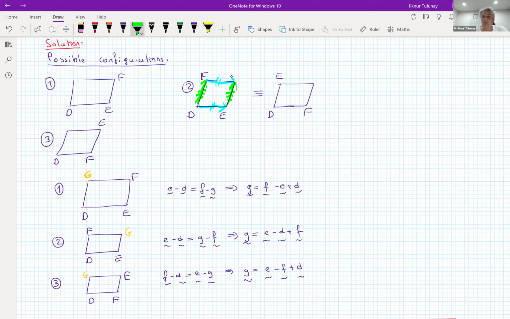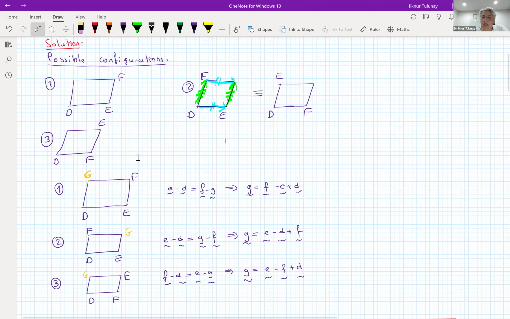Okay, directions are important. So if you look at this one on D, E, F, something, whatever it is, from here to here, from here to here is equivalent to D, E and D, F something. So it is equivalent. Right? This configuration is equivalent to this configuration.